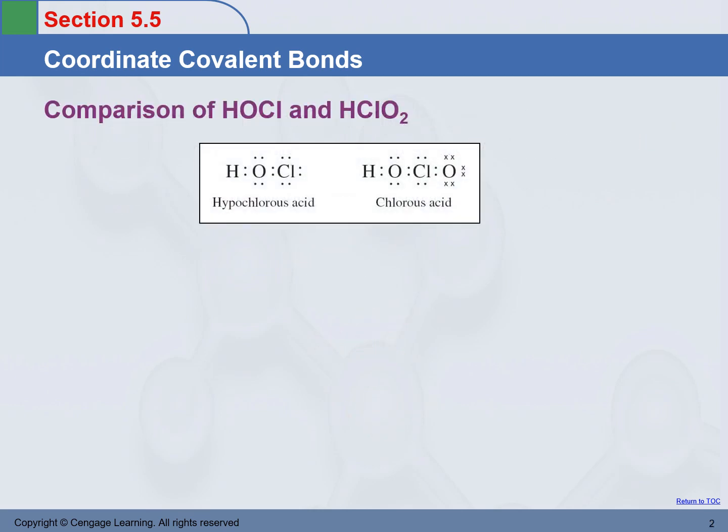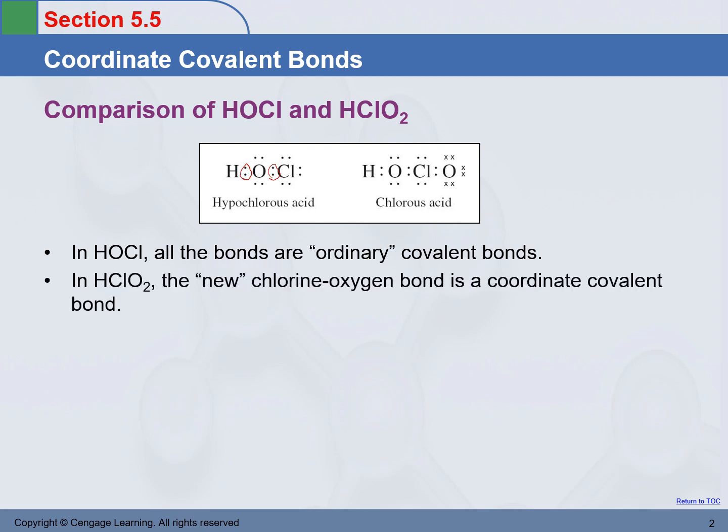Let's look at another example, a comparison between hypochlorous acid and chlorous acid. In the hypochlorous acid, all the bonds are regular. The single bond between oxygen and hydrogen, a single bond between oxygen and chlorine, they're both regular covalent bonds.